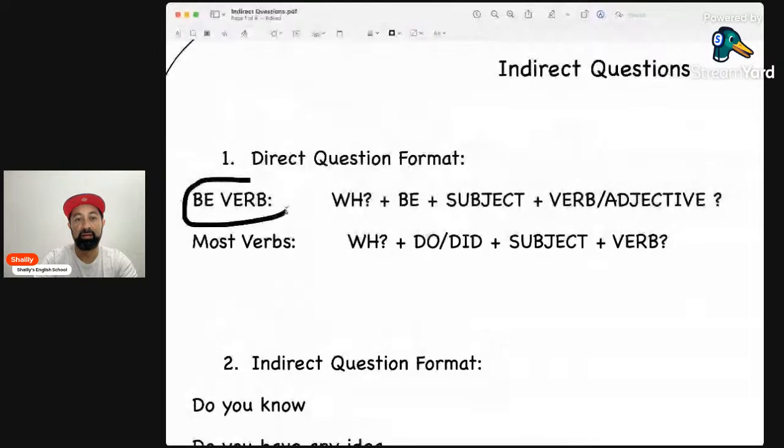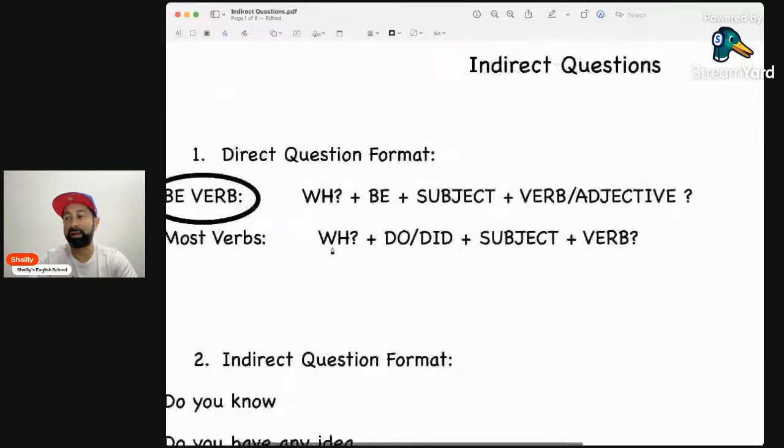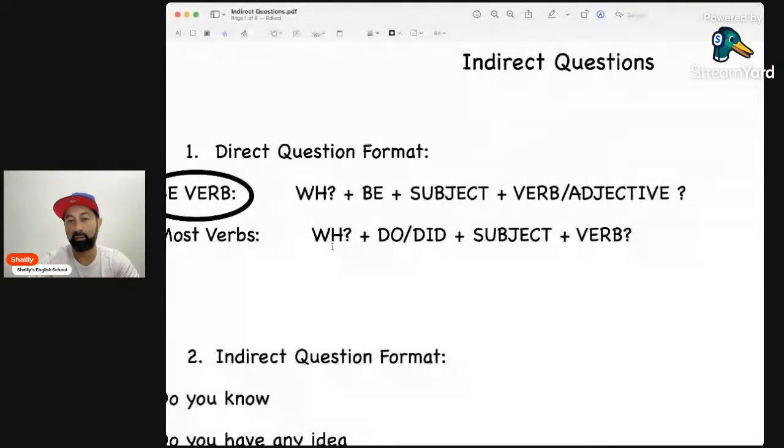Whenever we have a question with the be verb, the grammar pattern we are going to use starts with WH. That means any WH word. That could be what, where, when, why, how. I know how is not WH, but it's considered a WH question. So we always start our questions with one of these words.